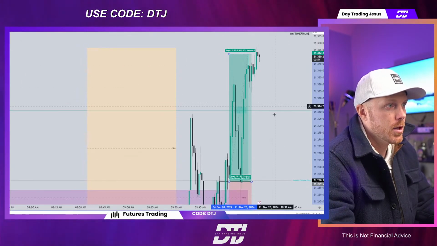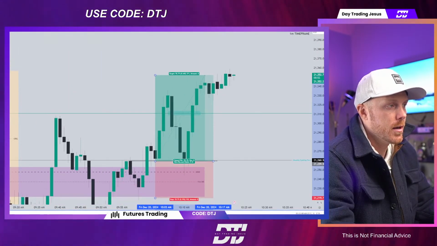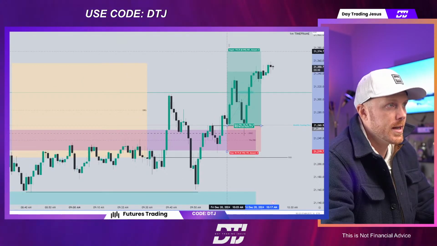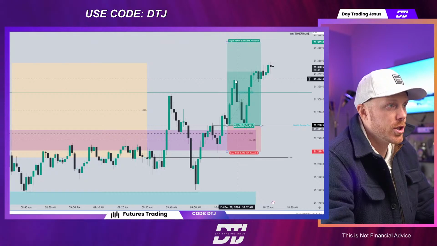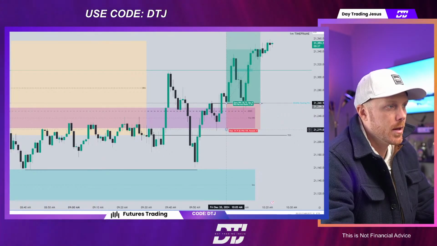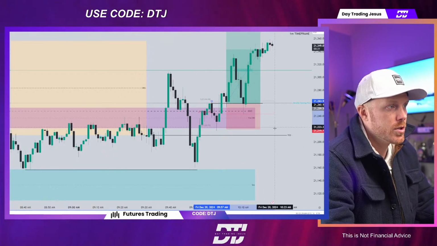Your target was way up here that you're wanting to hit, and we didn't hit that yet, right? And we start retracing. So my order block right here, I would have two options on where I'd place my stop. It would either be at the midpoint of these down close candles, which in this case would be right here.